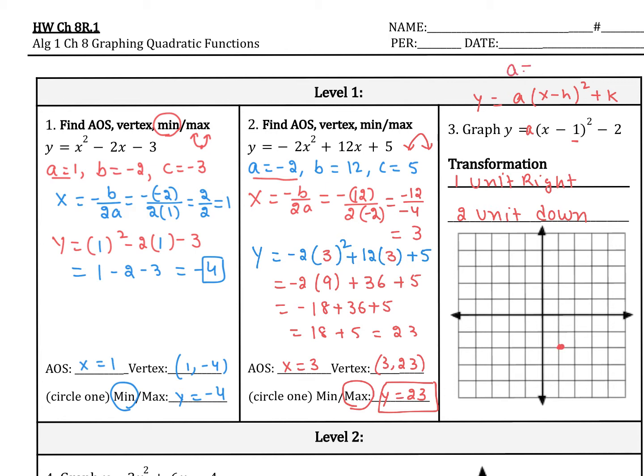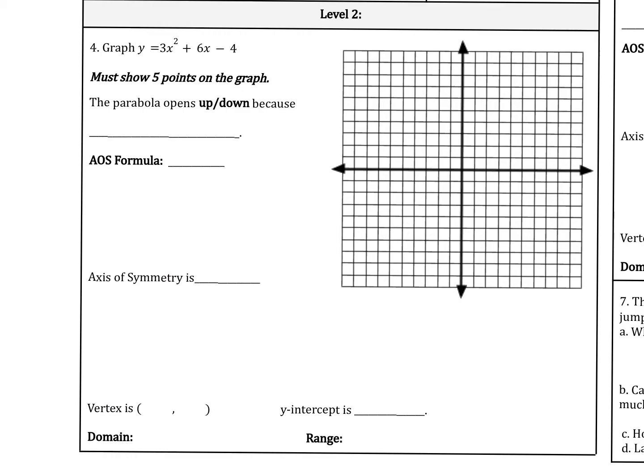If A is 1, it means you're going to follow the pattern 1, 1, 2, 4, 3, 9, and then you're going to combine the points to get the parabola that opens up. It means the vertex is h comma k, 1 comma -2, is going to give you a minimum value of -2.